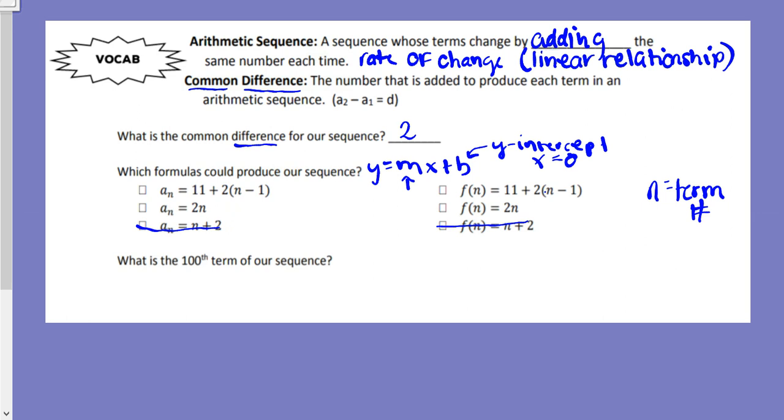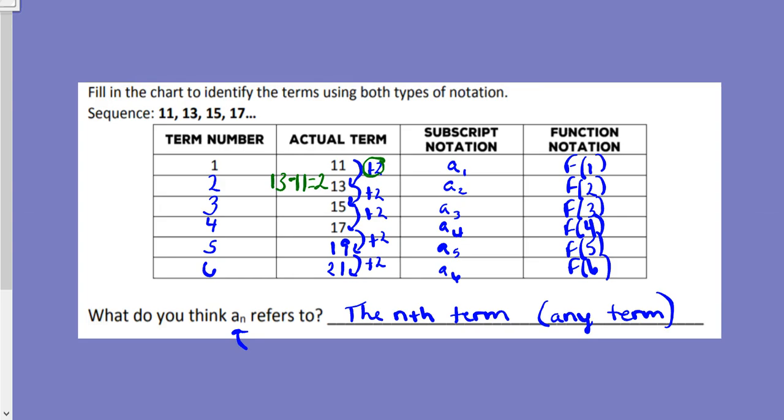So let's go back to our table to see if we can determine what kind of patterns we see. What's important in an arithmetic sequence is not my y-intercept, but it's my first term. And in this case, my first term is 11. So I'm looking at how I can get to any term based off of this first term.